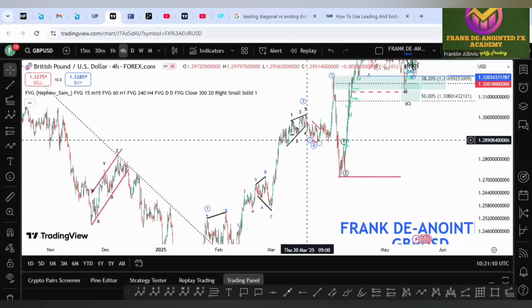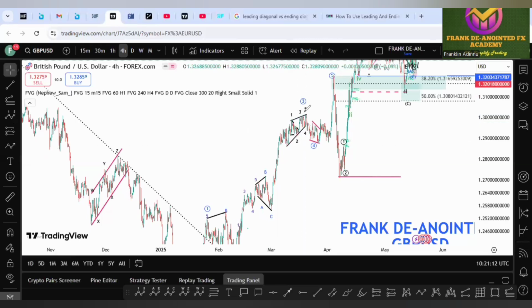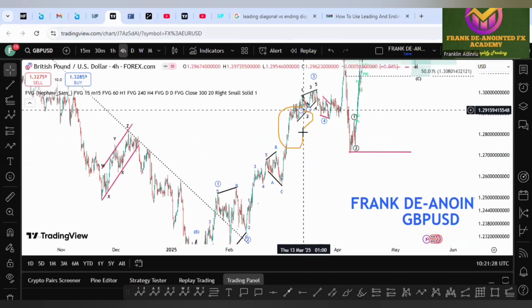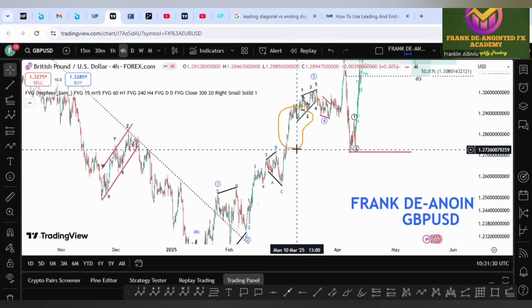You see the ending diagonal, it's just showing you the end of wave 3. So when this happens, I know that wave 4 is going to happen. Then wave 5 comes up and then the correction comes. So it can happen in wave 3, but this is a lower time frame, so it doesn't carry so much weight.